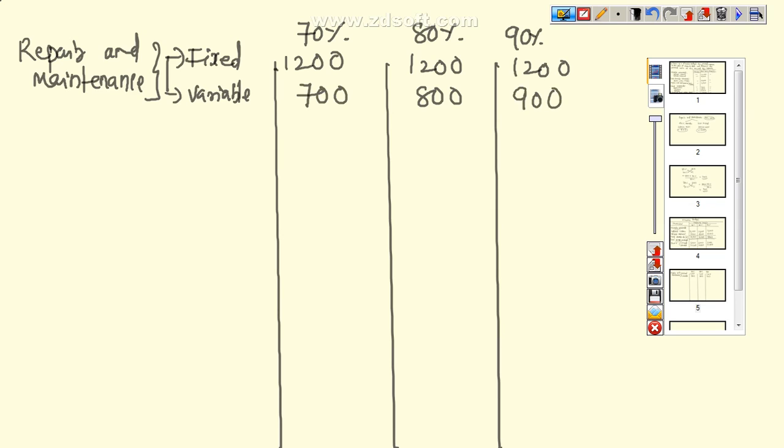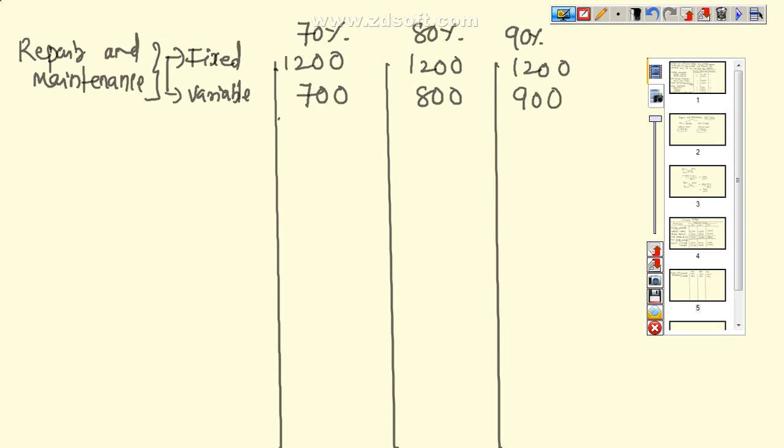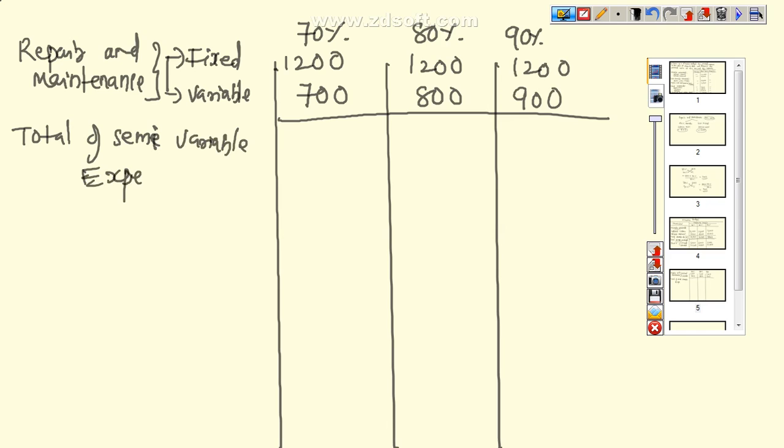After writing all the semi-variable expenses, we have to calculate the total of semi-variable expenses. So second part we write it here, total of semi-variable expenses, that is our B part.